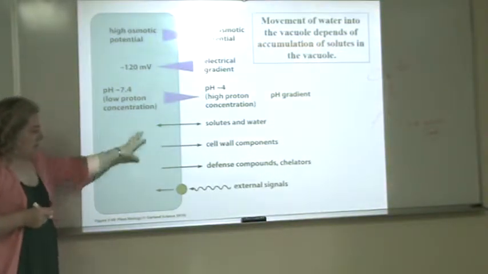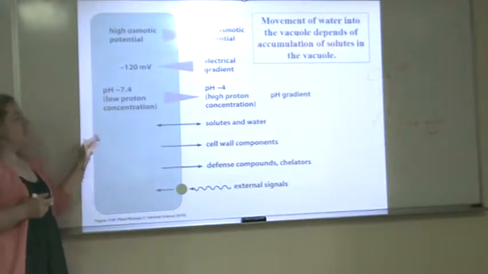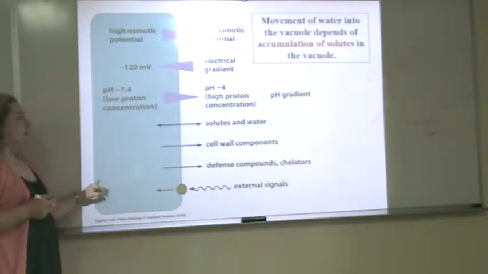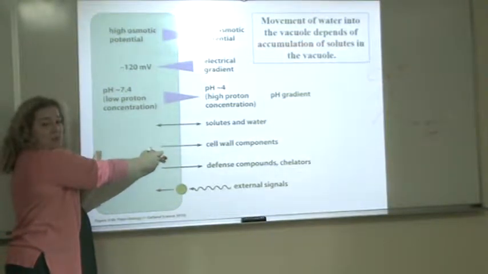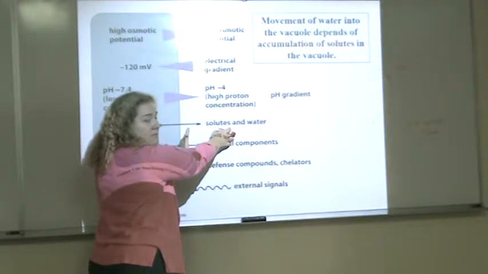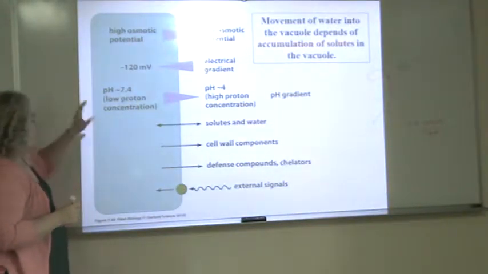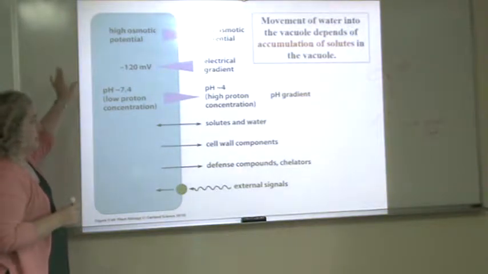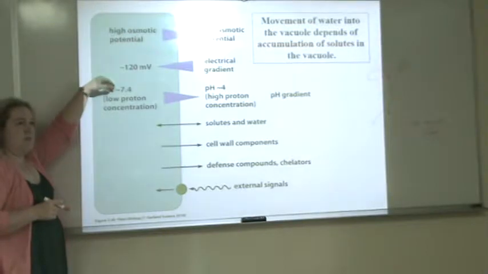So the figures that I use in here, they have a certain type of schematic that they show these characteristics. So you've got a compartment, which in this case is the vacuole, and then you've got the outside conditions. There are some new words that I want to define that relate to how plants take up water or not.